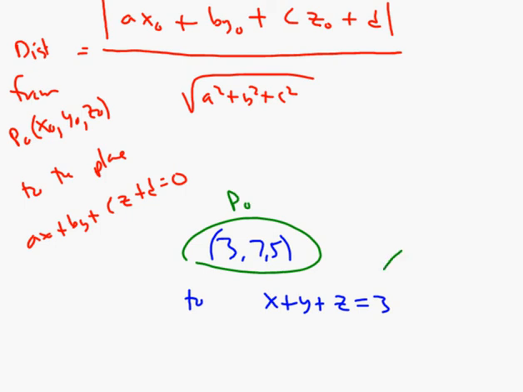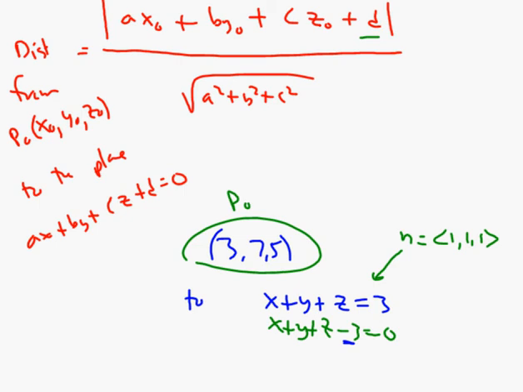And if we take a look at the equation of the plane, we actually know the normal vector has got to be 1, 1, 1. So we can literally just sub everything in and go to work. One thing to be careful about: this plus d is actually down in this equation. We need to get this equation equal to 0 first. So if we rewrite it, x plus y plus z minus 3 equals 0, here you go. Negative 3 is d.